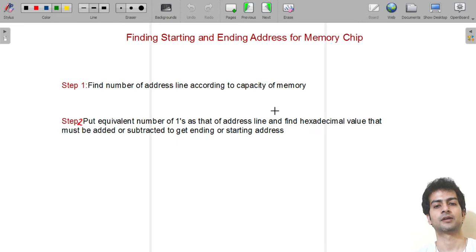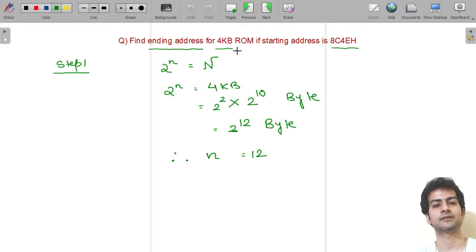Then add or subtract to get the ending or starting address. Here it is given that the starting address is this, and we have to find the ending address.